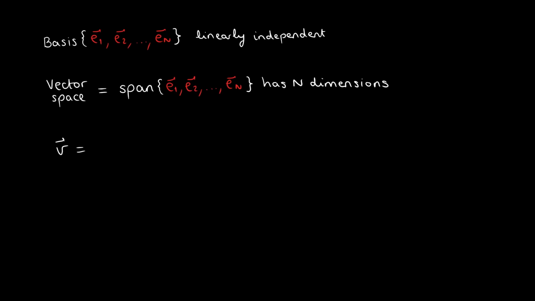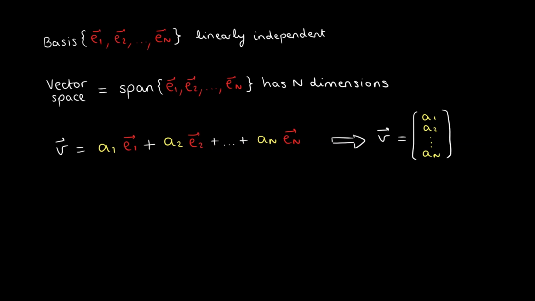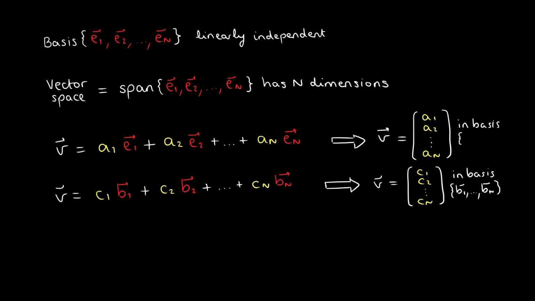Given a basis, every vector in the space is a unique linear combination of the basis vectors. So we can write vectors as an ordered list of its components. The components are simply the coefficients for each of the basis vectors. A different choice of basis might give us different components describing the same vector.